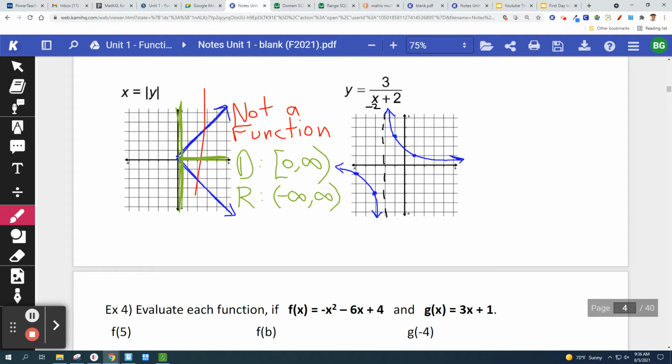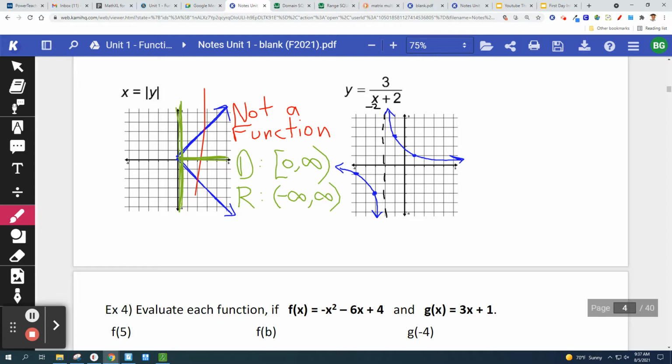So it's not super important that you're super accurate. It just doesn't ever cross or touch that vertical asymptote, and it doesn't ever cross or touch the x-axis. All right. I call it a double boomerang or a double banana graph.